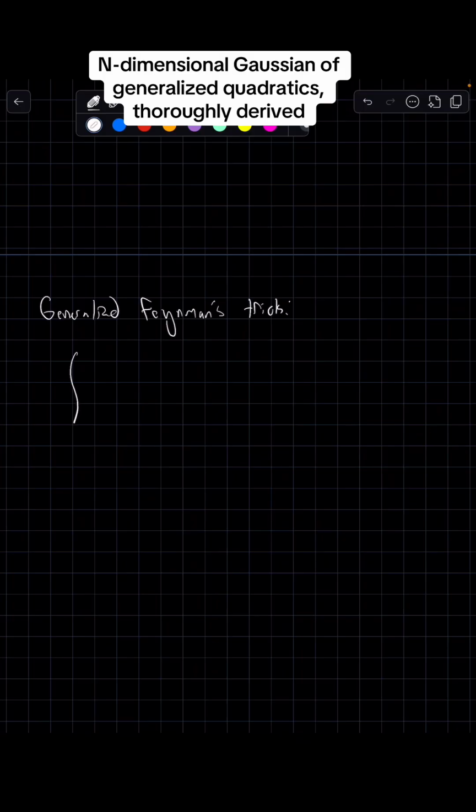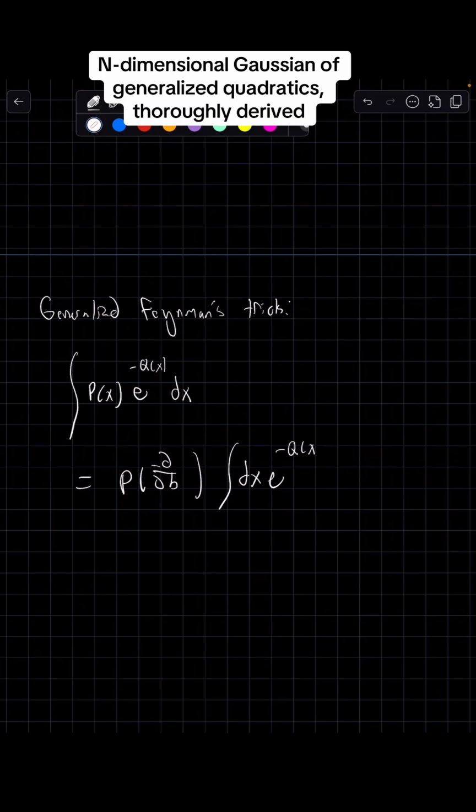So if we have the integral of a polynomial of x times e to the minus q of x dx, that is going to equal the polynomial of minus partial over partial b applied to the integral dx of e to the minus q of x.